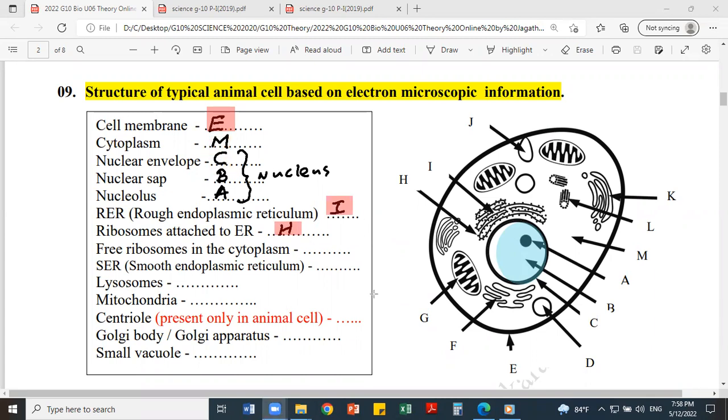Right. The next one, free ribosomes also. There are free dots in the cytoplasm. I think that one is not labeled here. Free ribosomes in the cytoplasm. We have to put an arrow. I think there's no arrow they have given here. So I'll put free ribosomes.